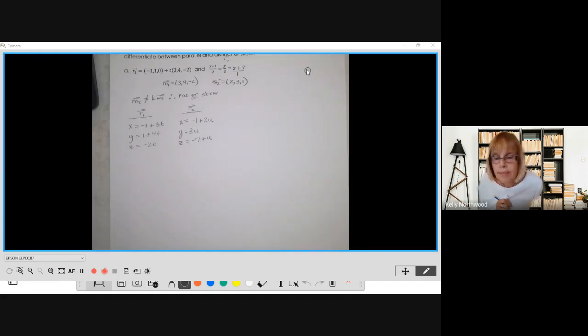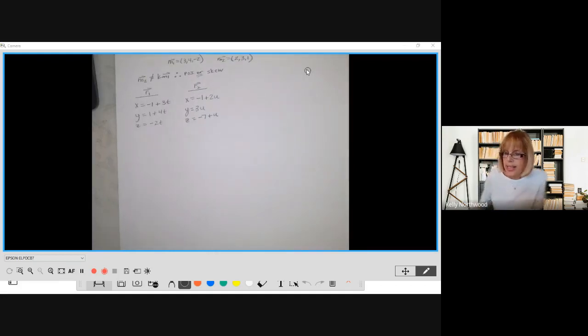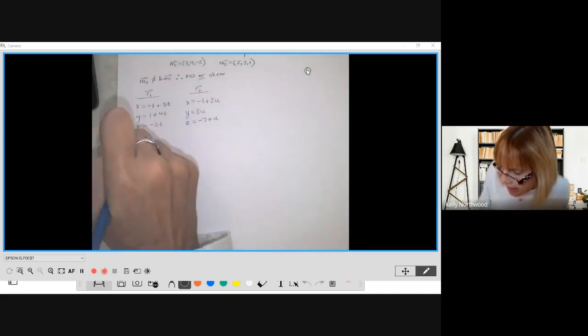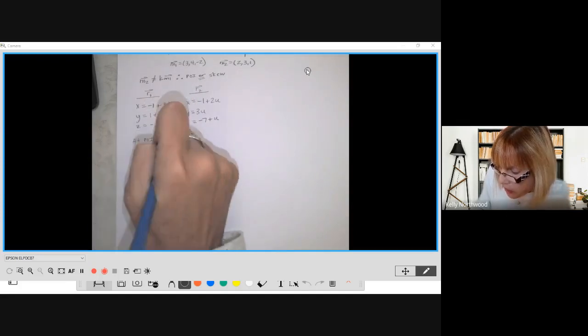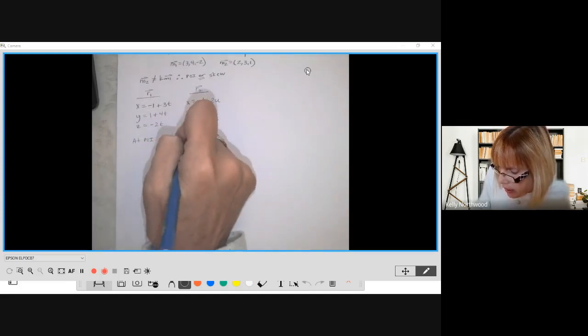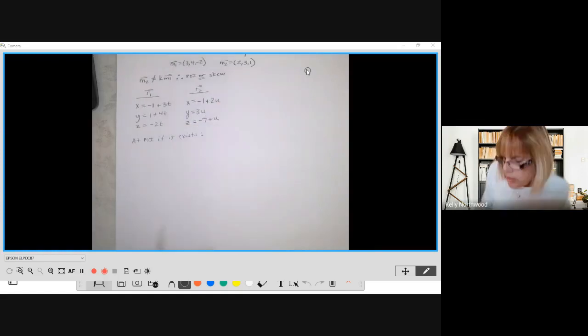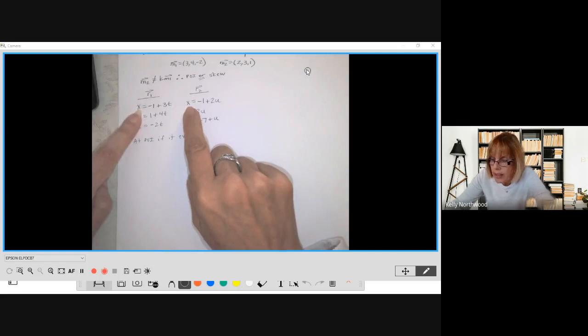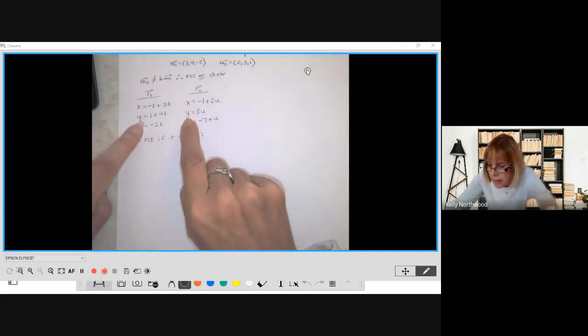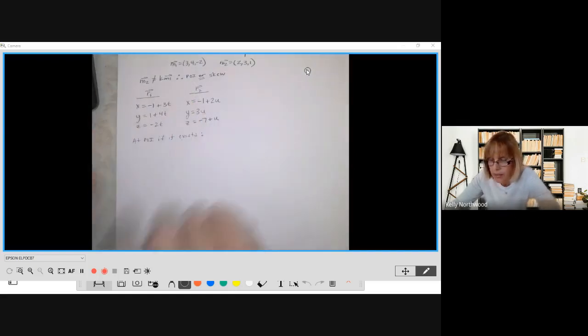We're all good? Okay, so instead of just saying at the point of intersection, we have to add a little caveat. We have to say at the point of intersection if it exists, because we may have skew lines here. We don't know yet. If there were a point of intersection, then the x values would be equal to each other, the y values would be equal, and the z values would be equal.